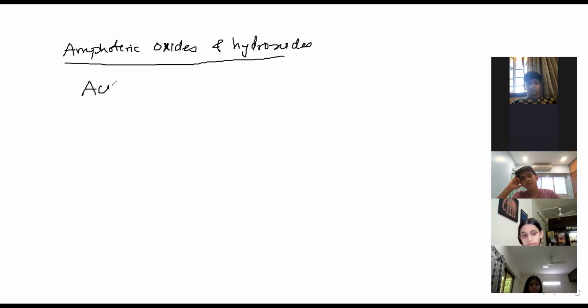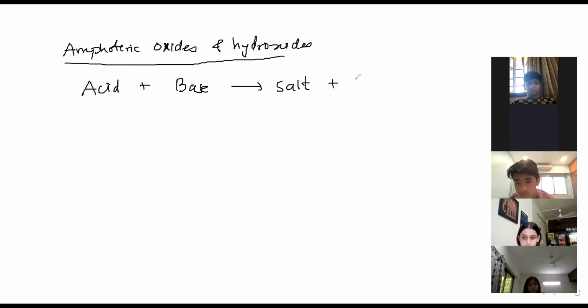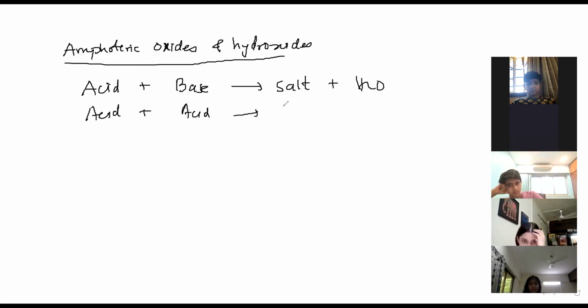Remember that an acid will always react with a base. Acid will react with a base to form salt plus water. Acid will not react with an acid. Acid and acid, no reaction.